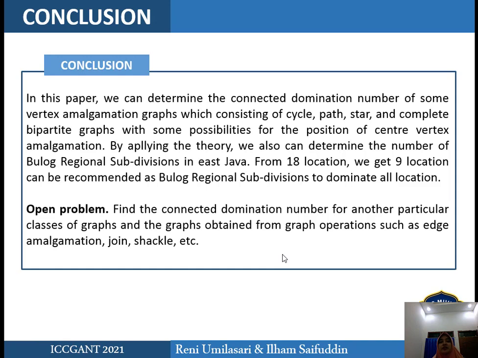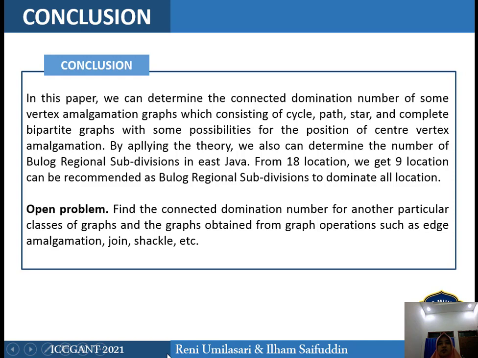So in this paper we can determine the connected domination number of some vertex amalgamation graphs, consisting of cycle, path, star, and complete bipartite graph with some possibilities for the position of the vertex amalgamation. By applying the theory, we can also determine the number of Bulog regional subdivisions in East Java.